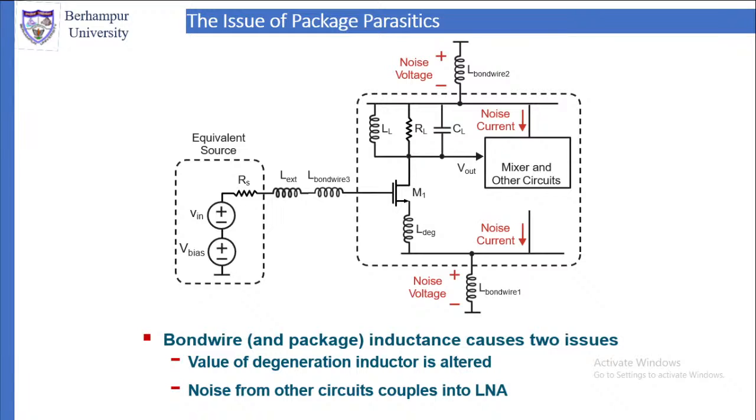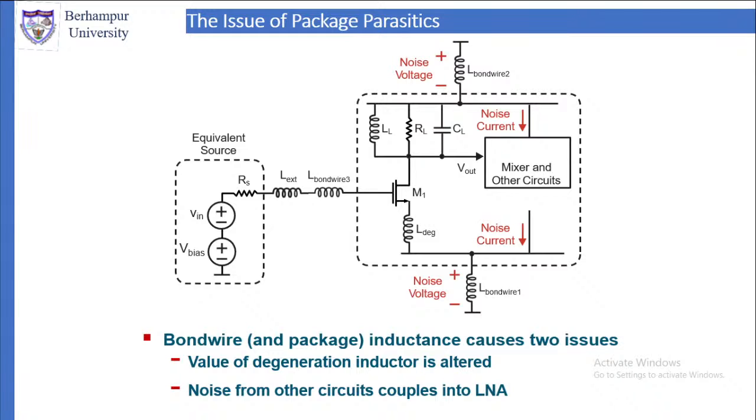Similarly, there is an inductor due to bonding between the device source and the ground, which is L bond wire 1. Similarly, L bond wire 2 is the inductor due to the bonding wire between the DC source and the device, or the output load and the device.